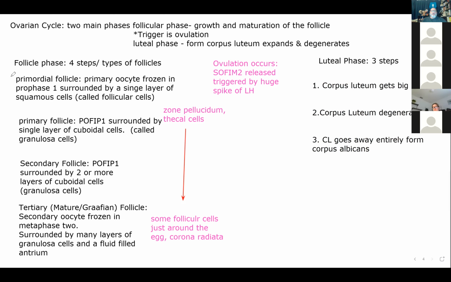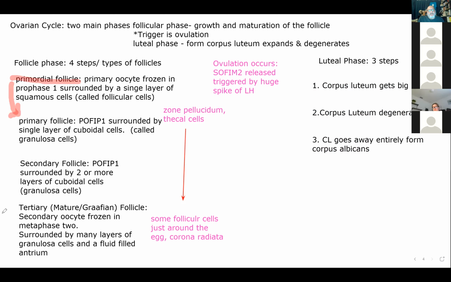We start with dozens of primordial follicles that start to mature to become primary follicles. Is that a fast process? No. It can take, in some cases, over a year for a primordial follicle to reach the primary stage.